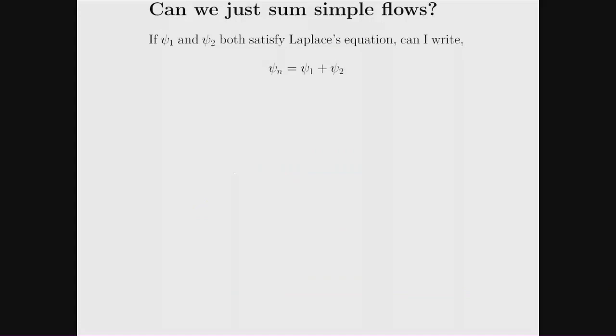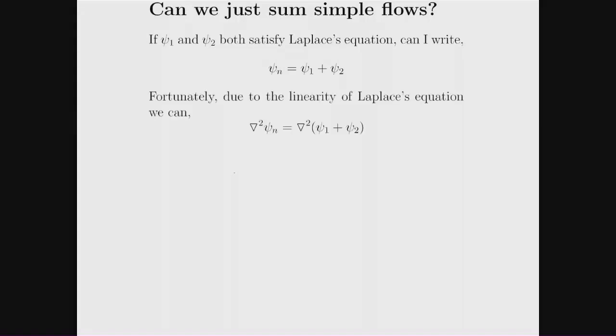So let's say stream function n is equal to stream function 1 plus stream function 2, which could be a source and a sink, okay? And if I take the Laplacian of psi n, if I take the Laplacian both sides, sorry, I can expand the terms on the right hand side to look something like this.